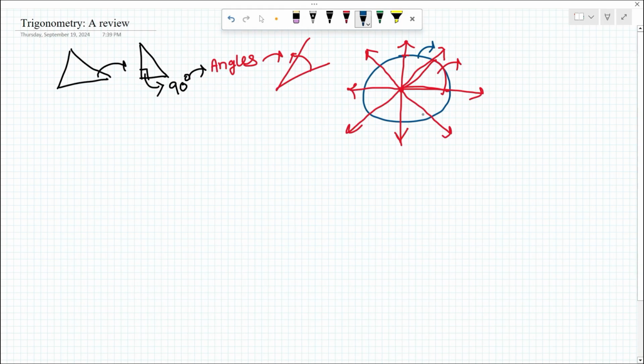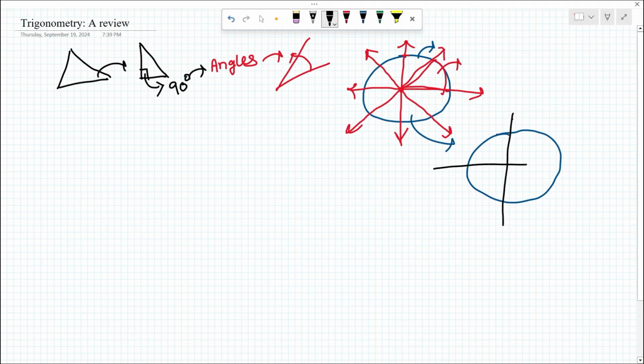So a degree, how is it defined? It says you take a circle, and just like we sliced this circle into 8 equal parts with the help of many such lines, if we chop this circle into 360 equal parts, let me just zoom on one of those parts.